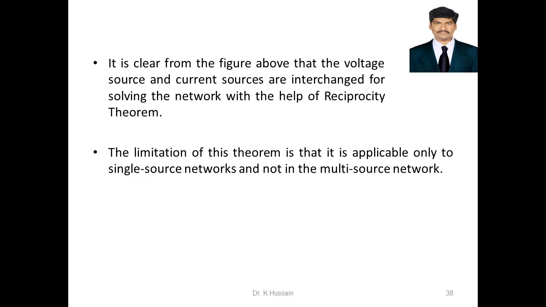Sometimes it may be voltage sources, V1, V2, V3 and so on, or sometimes a combination of voltage and current sources. Okay, that's the reason it is a drawback, that is why it is not used in many applications. It is applicable only for single source networks. Okay, that is the main point.